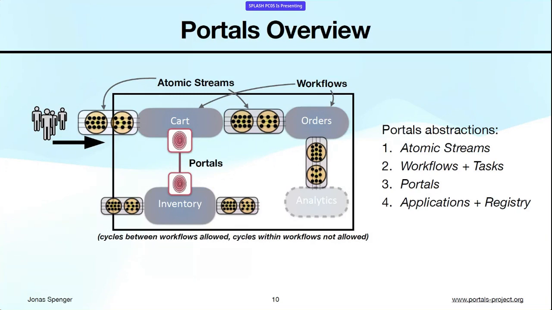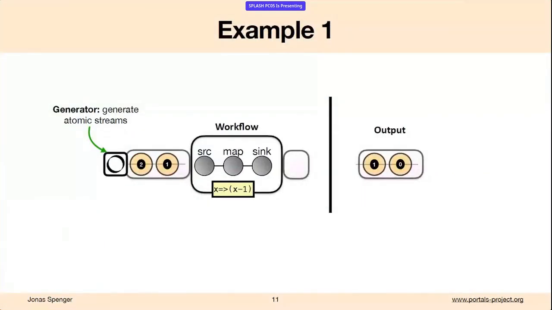It's not in this figure, but you can have cycles between workflows across atomic streams. However, within a workflow, you cannot have cycles. That's a restriction. And then we have these things called portals, which enable this RPC-style communication. You're not expected to understand the model yet, so I'm going to show you some examples, which hopefully give a bit of intuition.